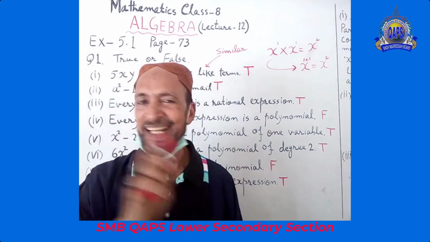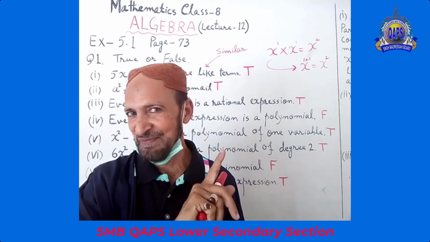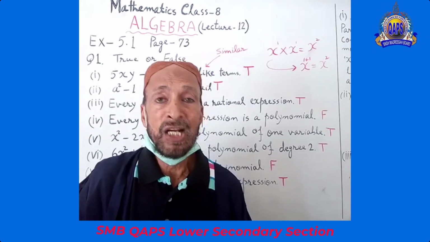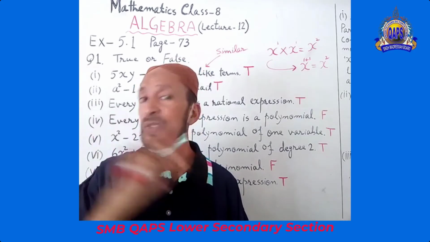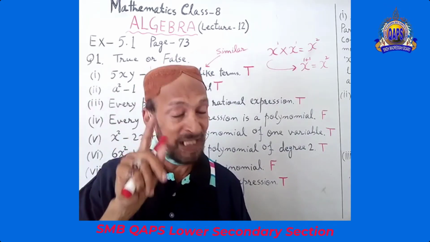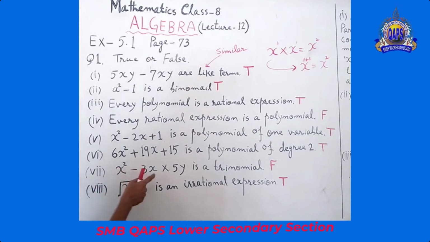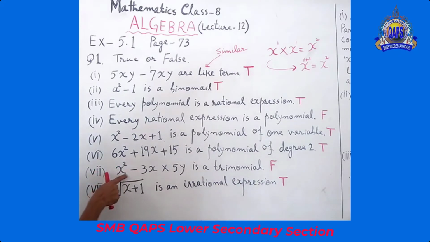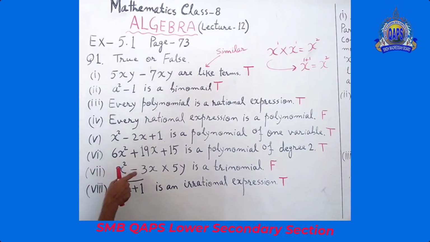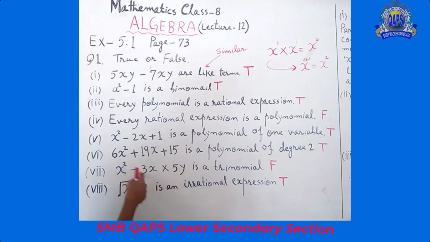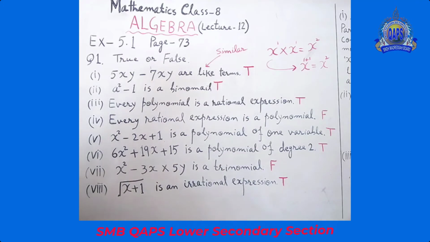No, not 3 terms. It looks like that. But no. I'm telling you why. X square minus 3x. See, this is 1 term. Now, minus 3x multiplied by 5y is another term.